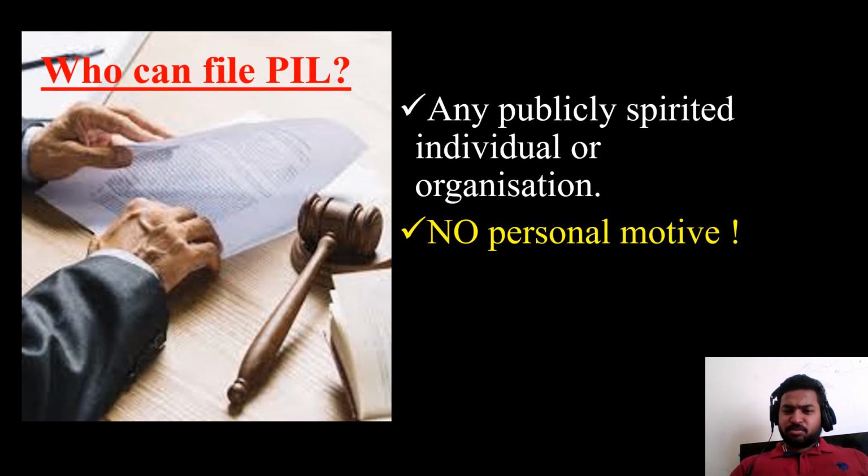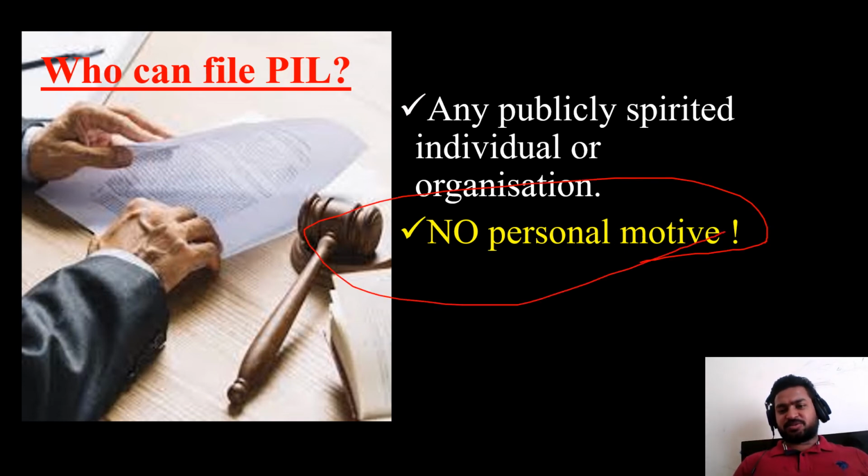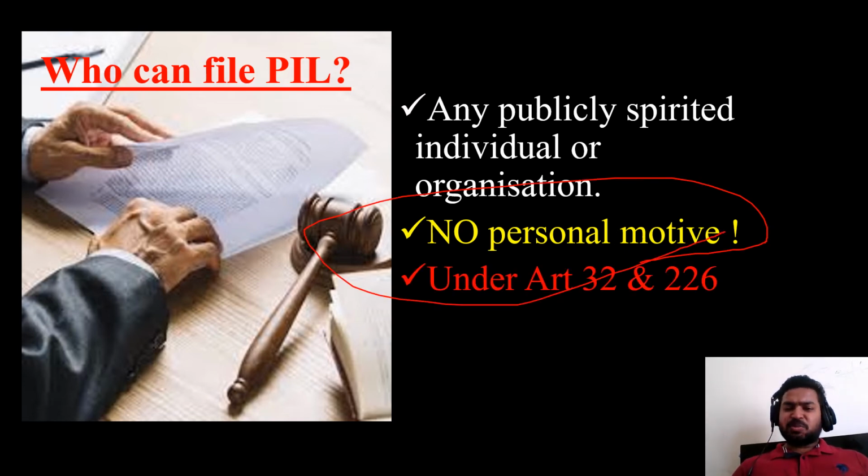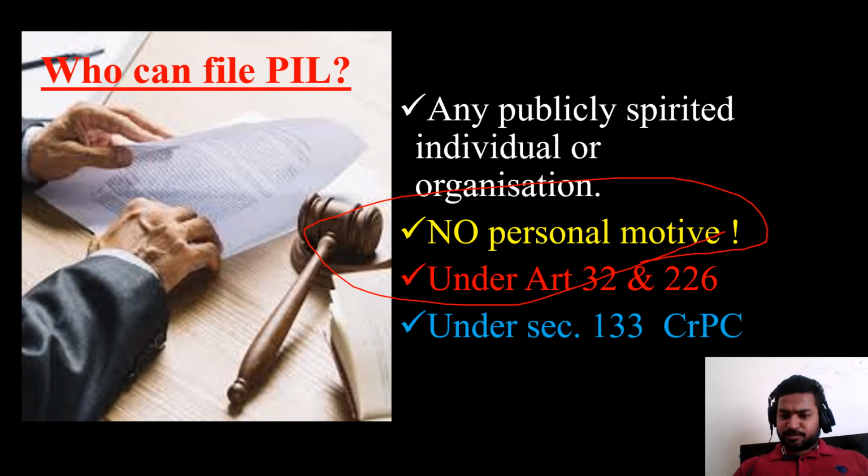The most important provision here is that there should be no personal motive of the petitioner. This PIL is filed through Article 32, the jurisdiction of the Supreme Court, Article 226 for High Courts, and, most importantly, Section 133 of the Criminal Procedure Code. Under these provisions, any citizen, keeping public interest in mind, can file a complaint or litigation in the Supreme Court and High Court.